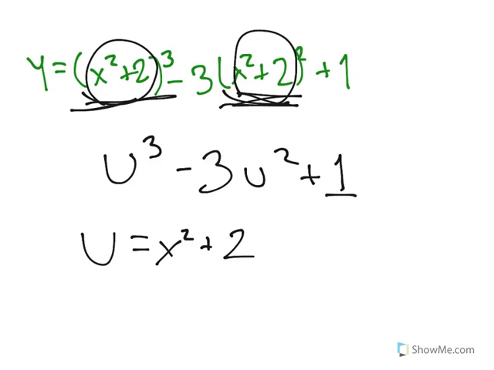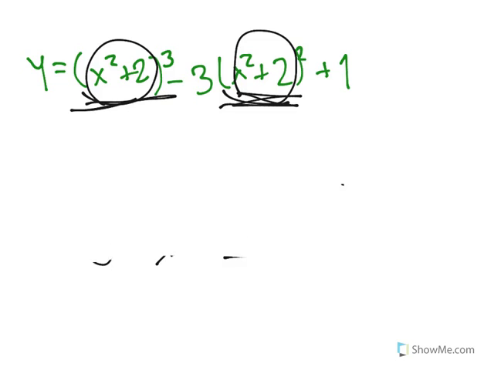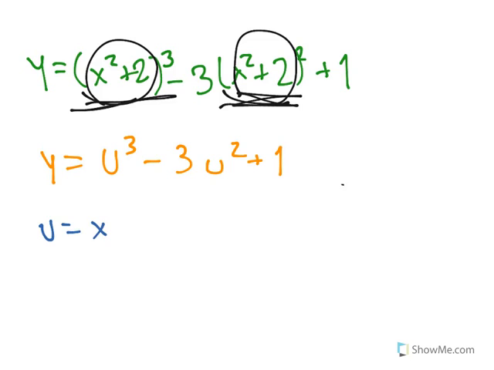So based on the chain rule, what we have to do is get the derivative of y with respect to u. So we define y to be u cubed minus 3u squared plus 1, and then get the derivative of u, which we define to be x squared plus 2, and use the chain rule to combine them.